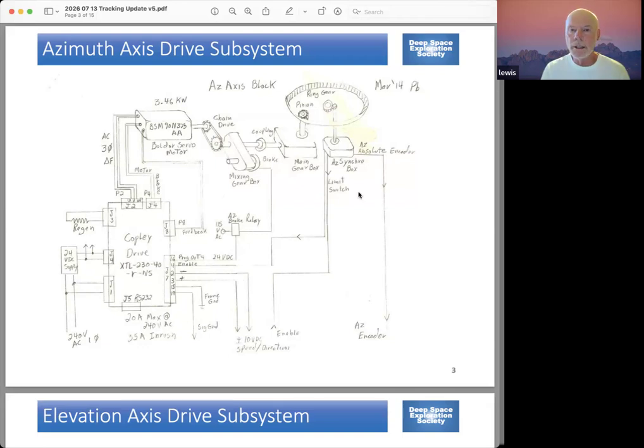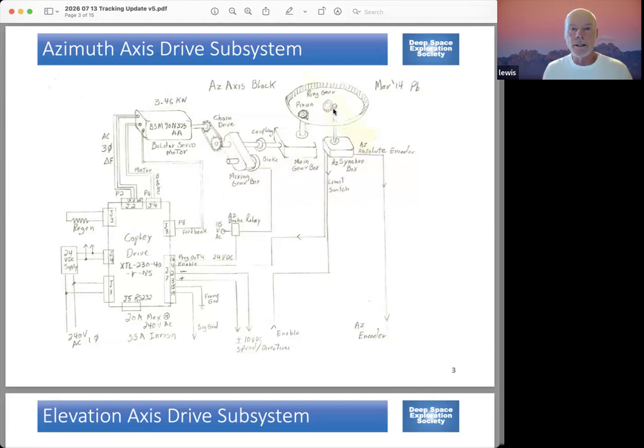So the good thing about that is that the actual measurement of the axis position is not affected by any backlash that's in the drive part of it. There may be some very minor backlash in that mechanism, but I doubt very seriously it's very large.